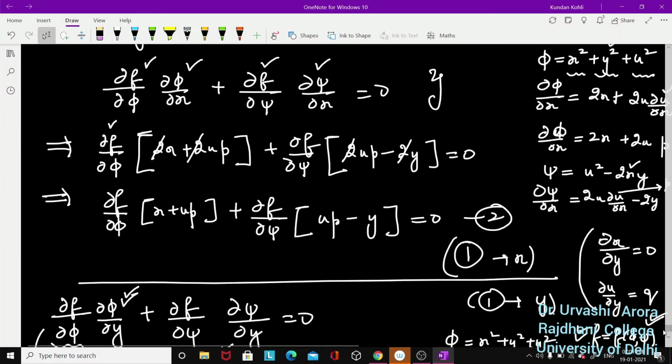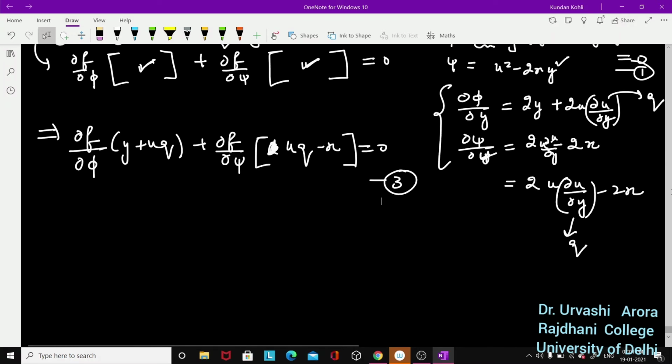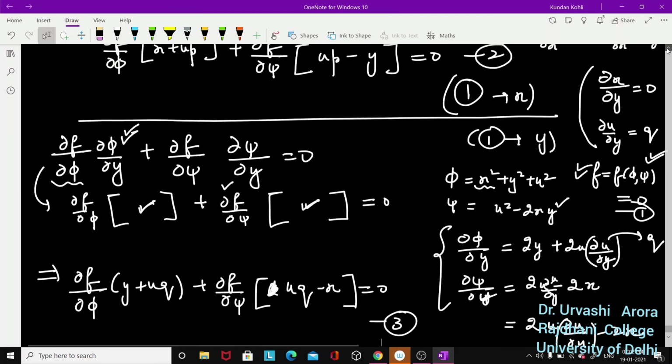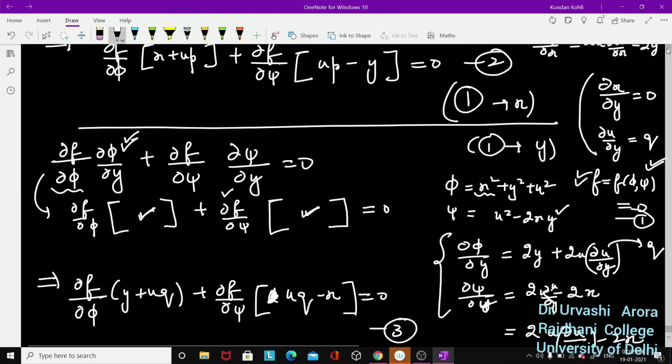So basically there are two expressions that you have, 2 and 3. This is the second expression and this is the third expression. This has been obtained by differentiating 1 partially with respect to x, and this has been obtained by differentiating 1 partially with respect to y. From these two expressions you have to get rid of the two unknowns.